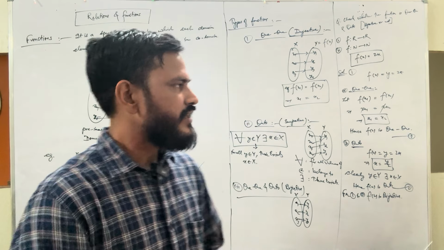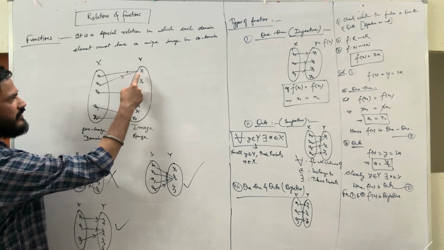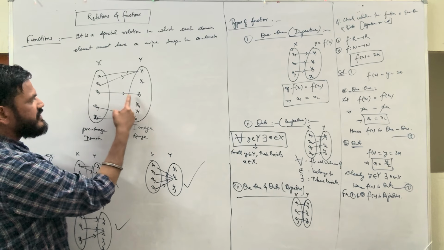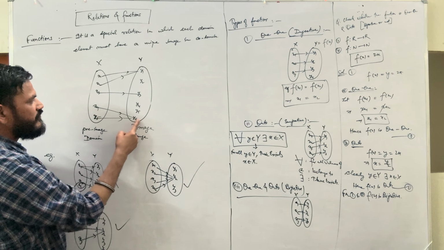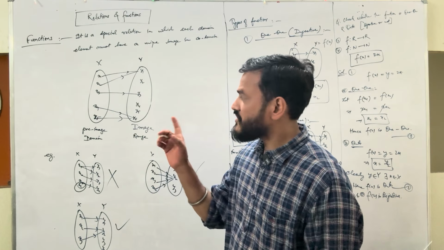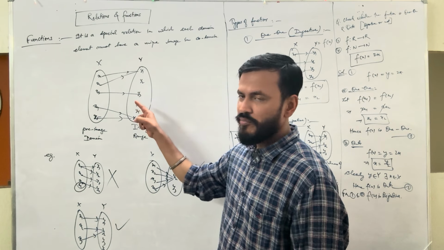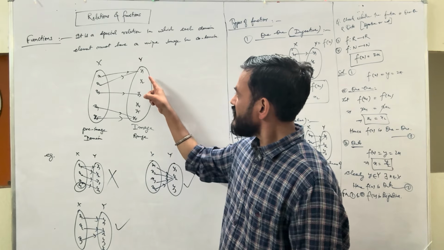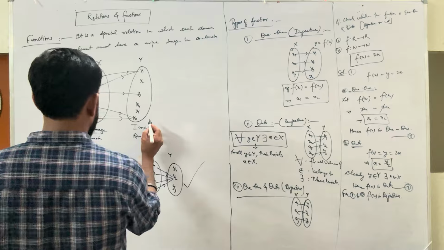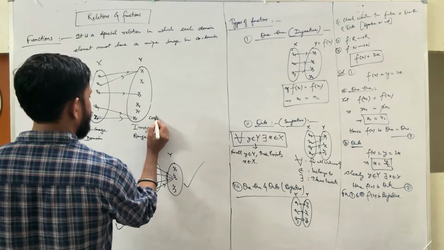That's it. Now you see, x1 is mapped to y1, x2 is also mapped to y2, x3 is mapped to y3, x4 y6, x5 y6. There is no such restriction for the elements of codomain. So you see, we have this set as codomain.